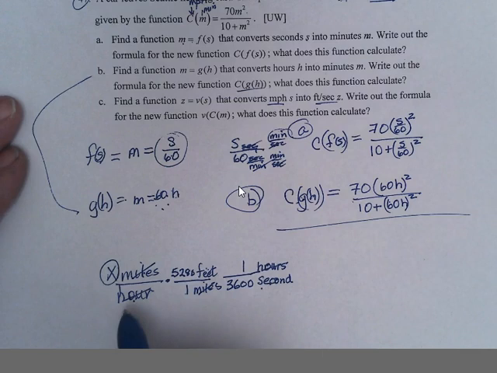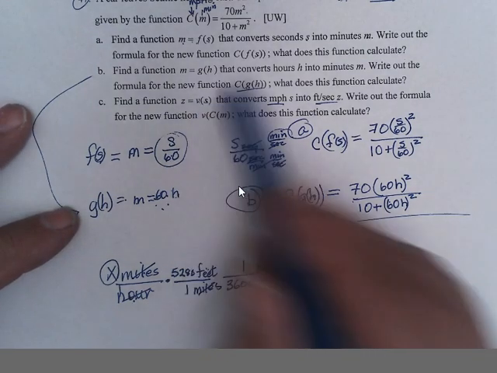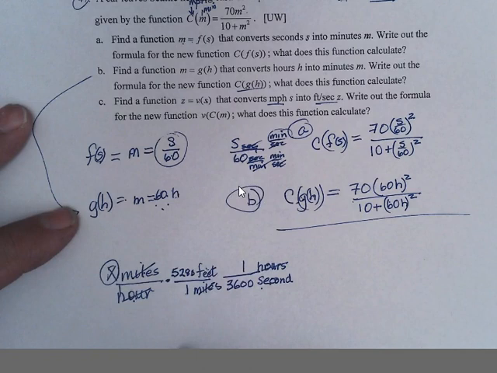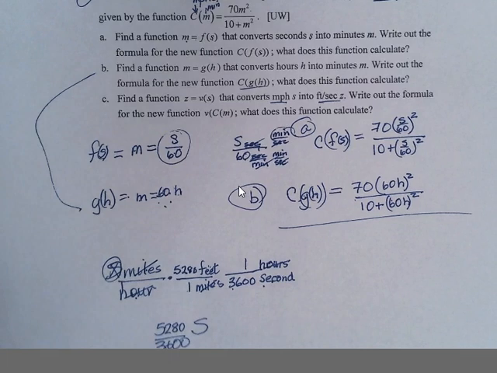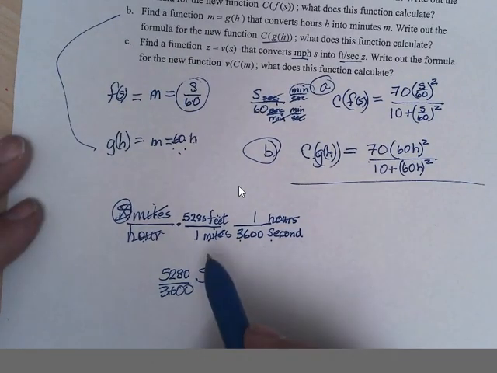So the answer is, we want to get V that gives us a speed. Our speed is here. I've made it S. So it's S times 5,280 divided by 3,600. And some of you may reduce that. I don't care if you do or not.